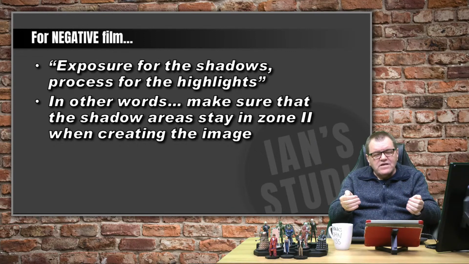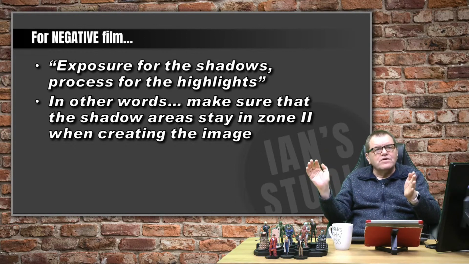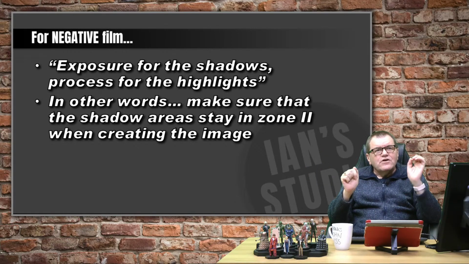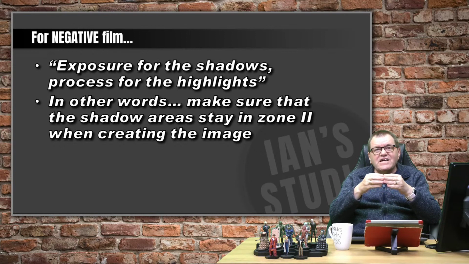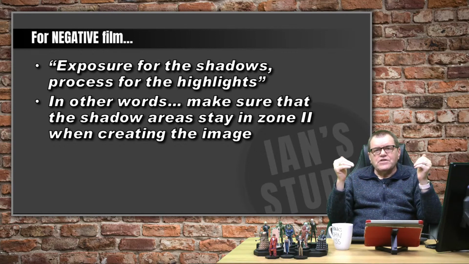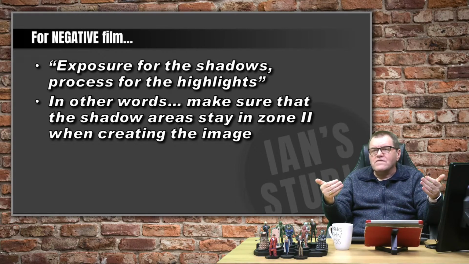That's what you can do with negative film, and negative film allows you a lot of latitude to bring back detail in the highlights. You've got no latitude to bring back detail in the shadows. Why is this? Think about it, it's negative, and the deep blacks is when that film is completely clear, transparent. So if it's completely clear, there's no choice there.